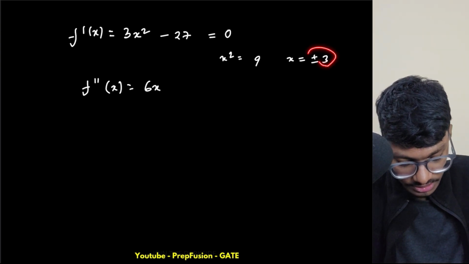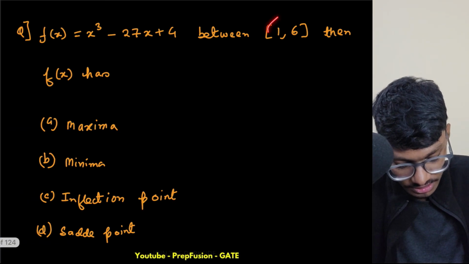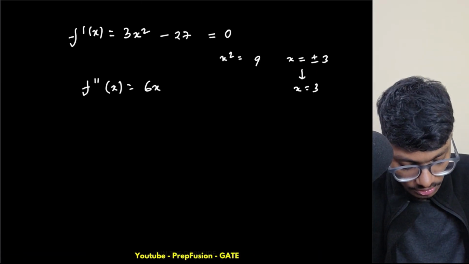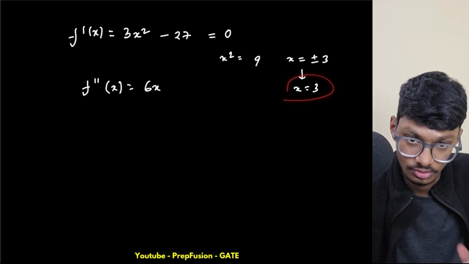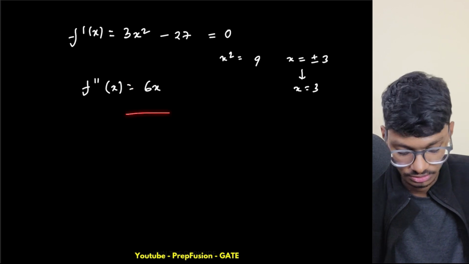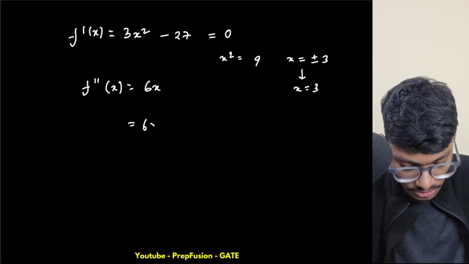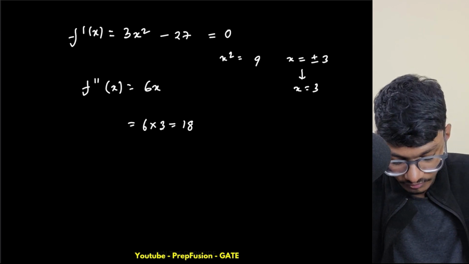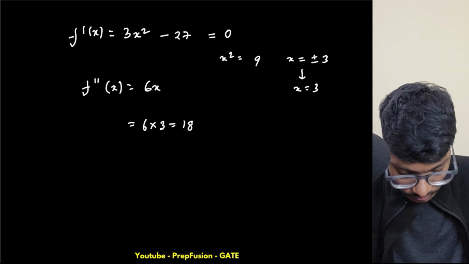Obviously plus 3 is in the range. They have told us plus 3 is in the range and minus 3 is out of the range. So I will choose x equals 3. Let me check the value of the double differentiation at x equals 3. It is 6 times 3, which is 18. So my f double dash of x is greater than 0.